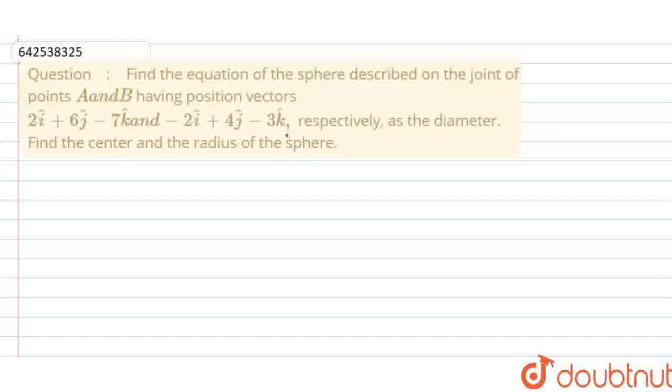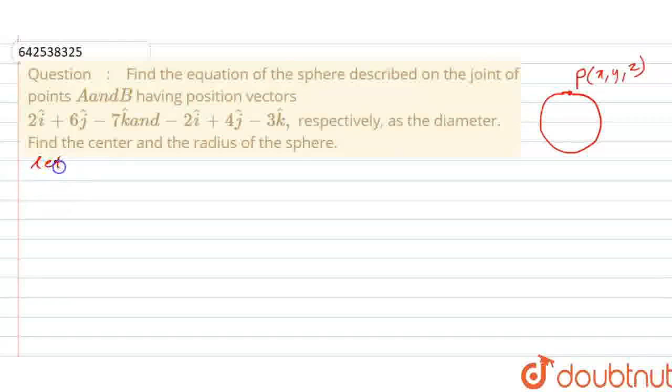So first of all, let us assume a point P on the sphere. Let's say this is a sphere and this is a point P having coordinates x, y and z.